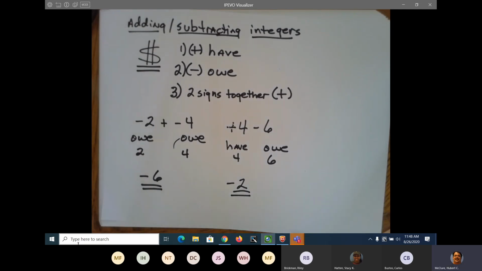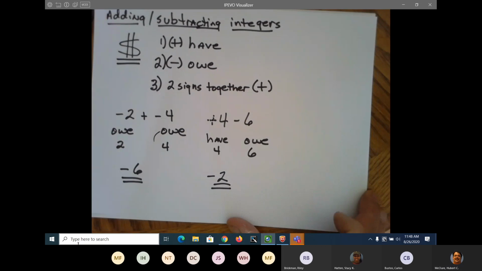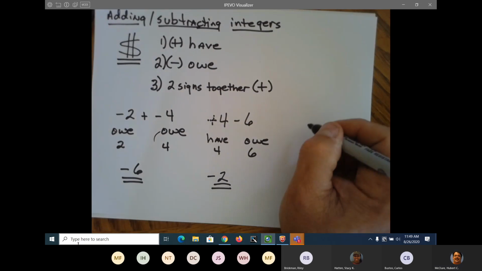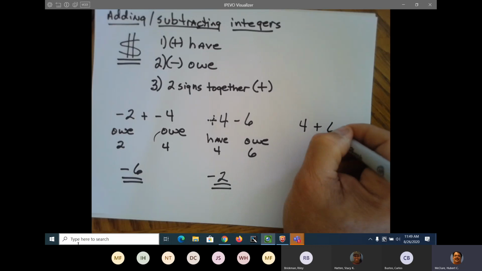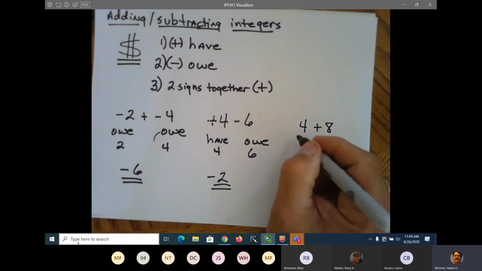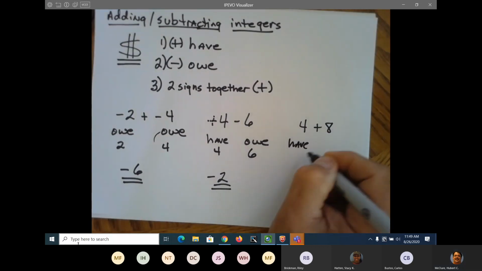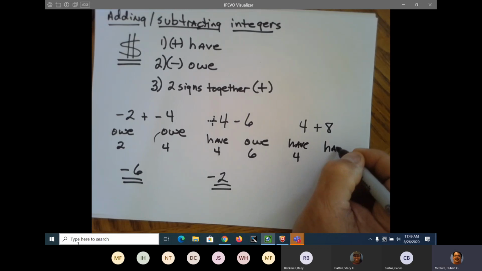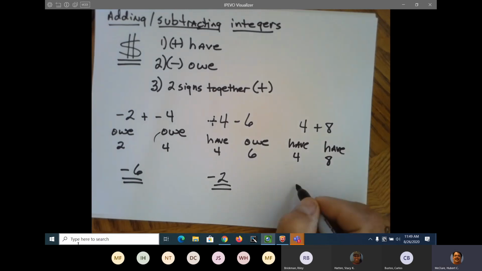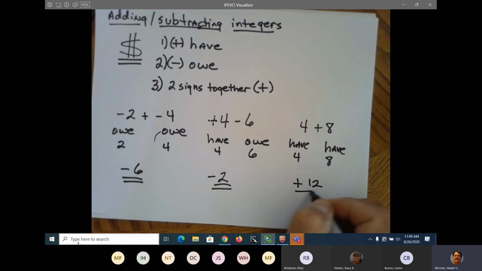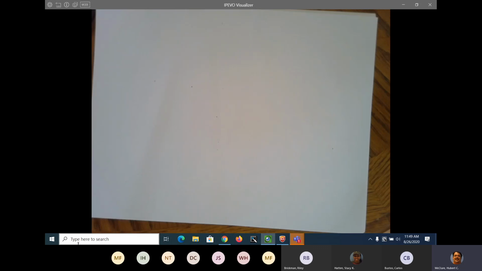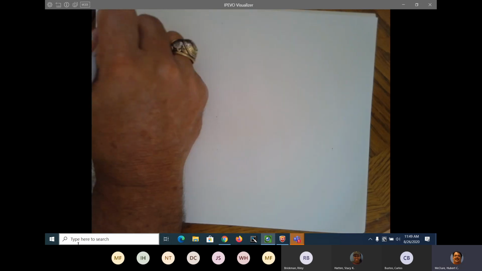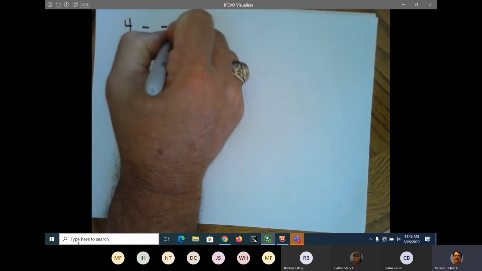Let's do an easy one. How about 4 plus 8. Well, that's pretty simple. You have $4. You have $8. You have $12. And then the one that causes all the problems, 4 minus a negative 2.